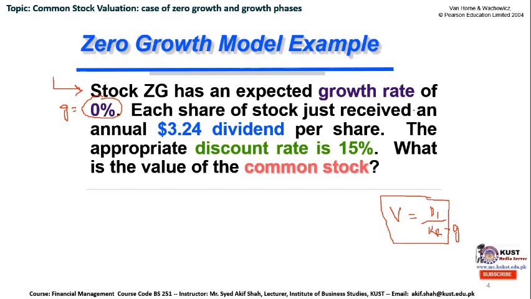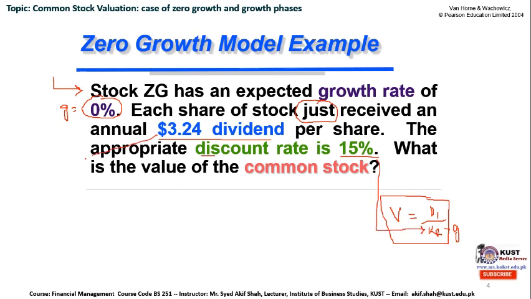Each share of stock just received an annual dividend of $3.24, and the statement states that this dividend has been received at current time 0. The appropriate discount rate is also given, which is 15%. In this case, it is the value of KE.